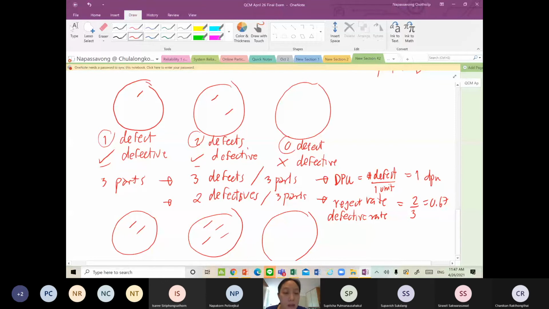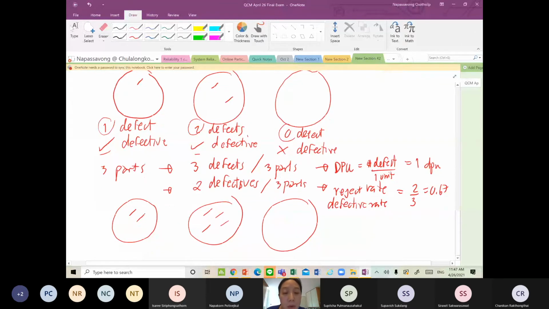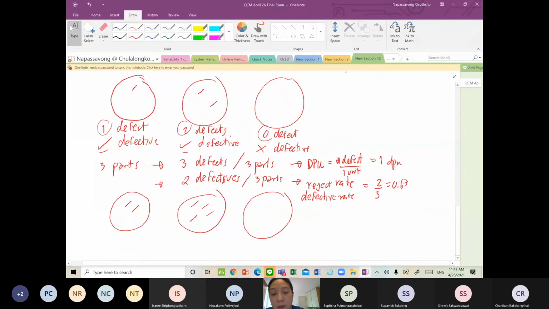In the second case, the defective rate is still the same, right? Which is 2 parts out of 3 parts. But DPU, defect rate, is 2 plus 4 over 3 parts, right? Which is 6 over 3.